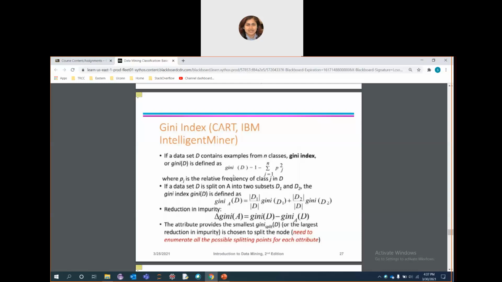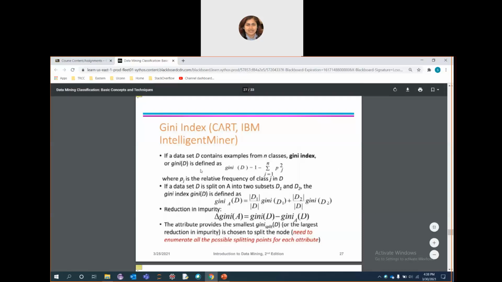So this Gini impurity can be computed by summing all the probabilities of an item with a label being chosen times the probability of a mistake or misclassification of that item. So if we have a data set D and it has n number of classes, then the Gini impurity will be calculated in this way.